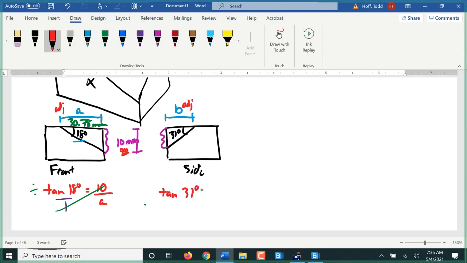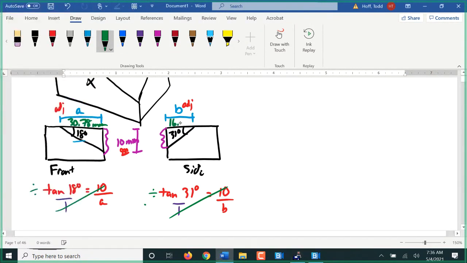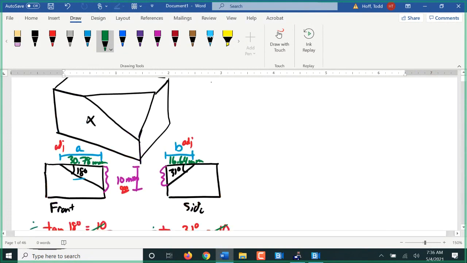The tangent of 31 degrees equals that opposite side of 10 over the adjacent side of B. And once again, we'll put it over 1, and we will cross, multiply, and divide. So again, 1 times 10 is 10, divided by the tangent of 31 degrees. Gives us 16.64 millimeters.